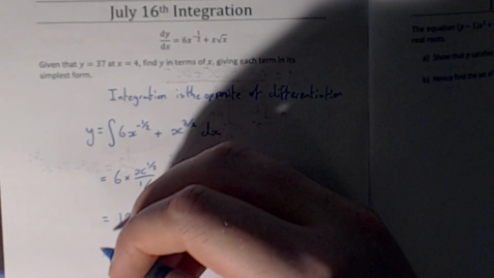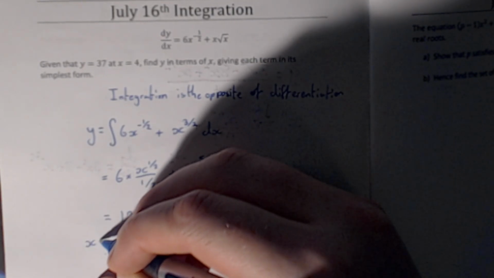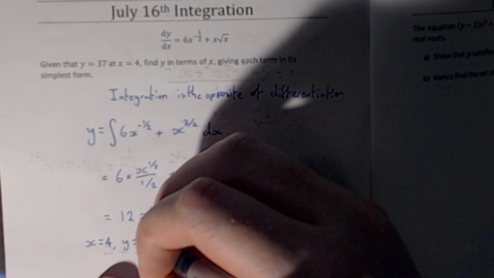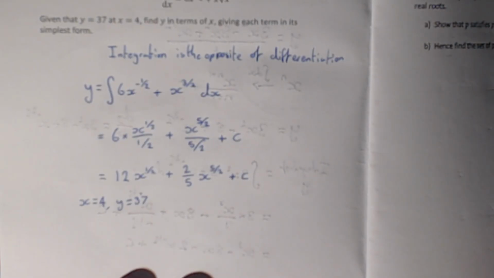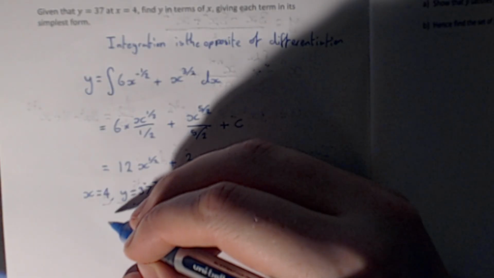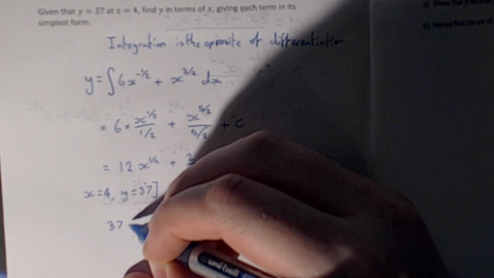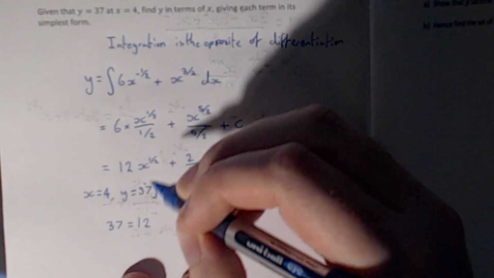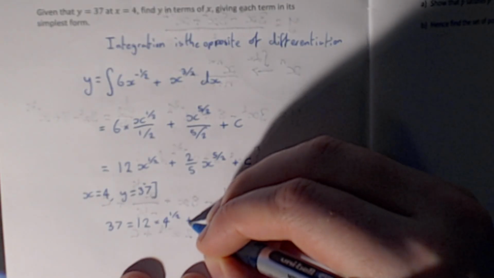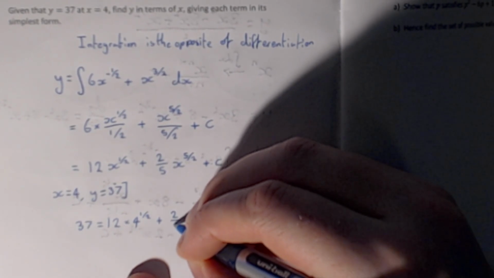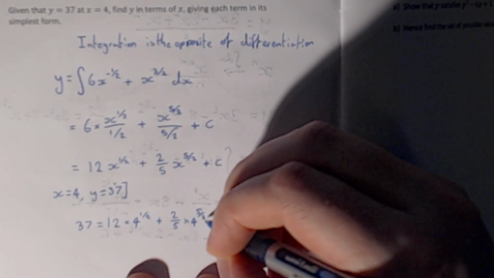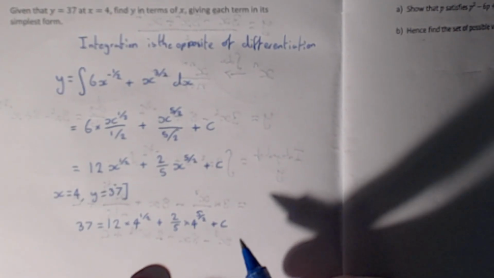So we can set when x is equal to 4 and y is equal to 37, using these conditions, we can say that 37 is equal to 12 times 4 to the power of a half plus 2 divided by 5 times 4 to the power of 5 over 2 plus c.